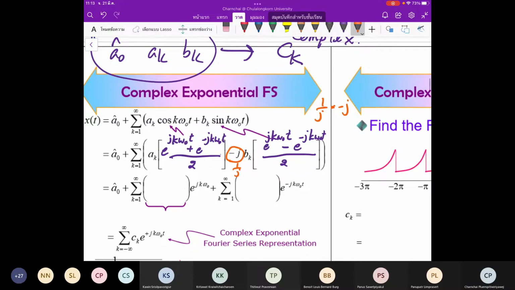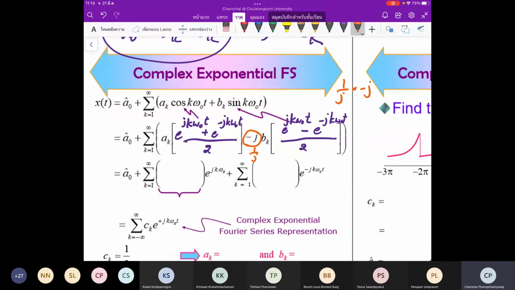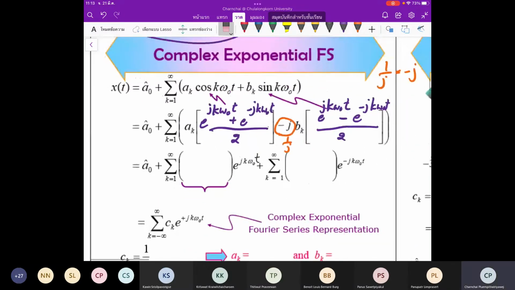Next, I can combine the terms. The terms with e to the j k omega naught t. How come there's a t missing there? Right, there's a t missing here. And the terms with e to the negative j k omega naught t.